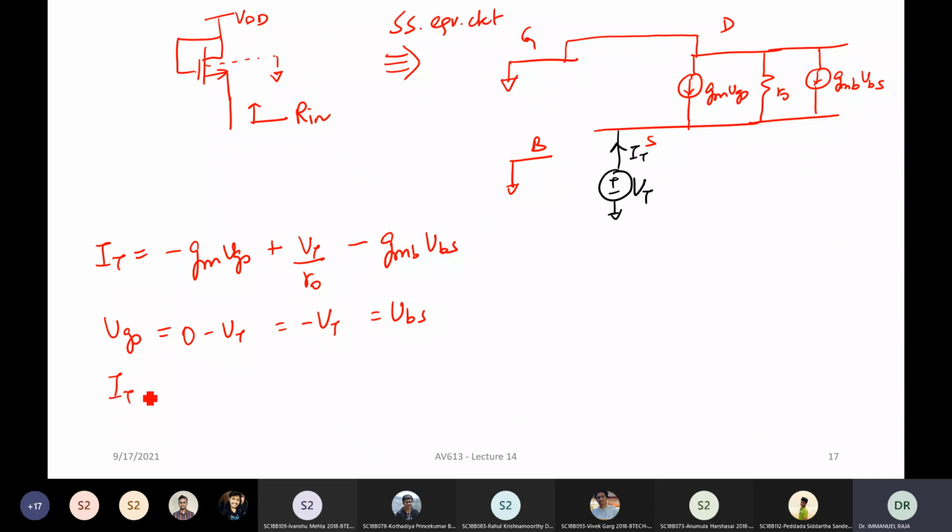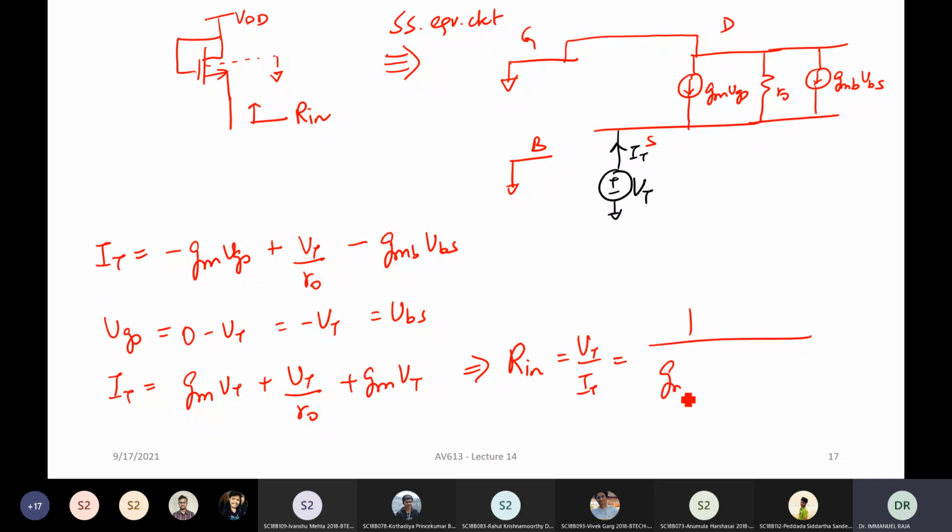So rewriting the previous equation, you get gm VT plus VT by r0 plus gmb VT. Now, going by the same technique that we did earlier, this results in your Rin, which is VT by IT, being equal to 1 over gm plus gmb plus 1 by r0.